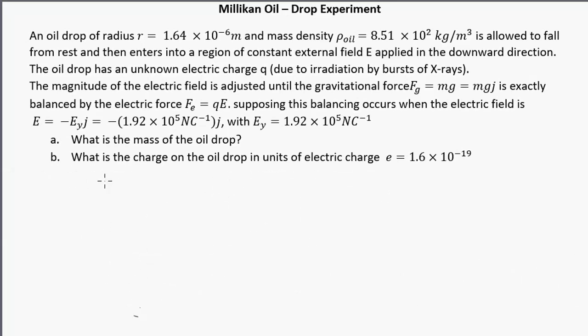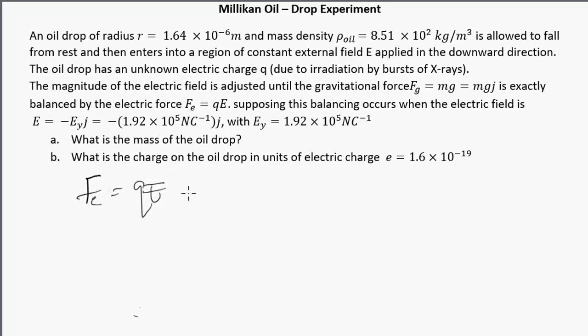Alright, so the next question says, what is the charge on the oil drop in units of electric charge? E equals 1.6 times 10 to the power of -19. Alright, so to get the charge, we can actually have that from here. Fe, that's the force, is equal to the charge times the electric field.